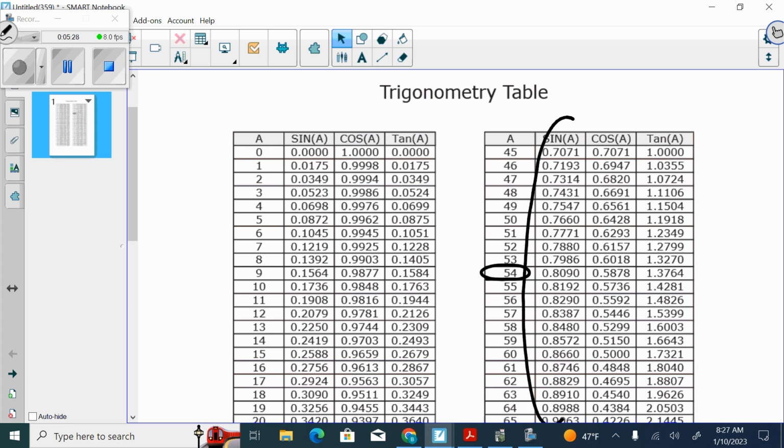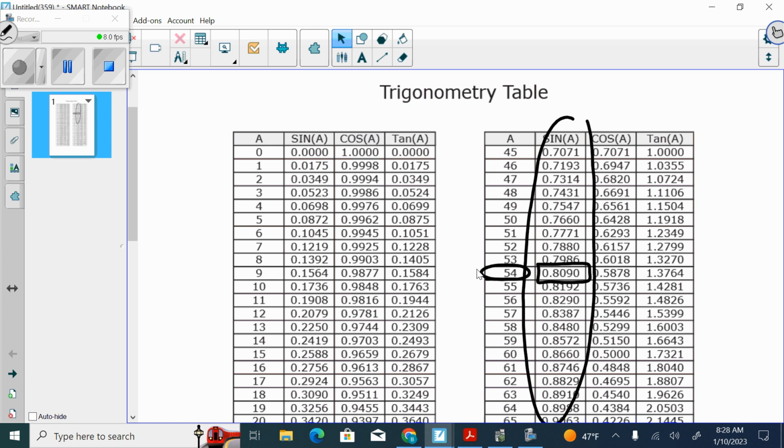Well, this is the sine column, so here is sine of 54, okay? And that is the exact same thing our calculator gave us, right? Now, most of the time they should be exactly the same. Obviously, depending on if your calculator is set to some sort of a different float, it could change it maybe a decimal or two. But we're always going to go 4 decimal places, whether you use your calculator or whether you use the chart, okay?